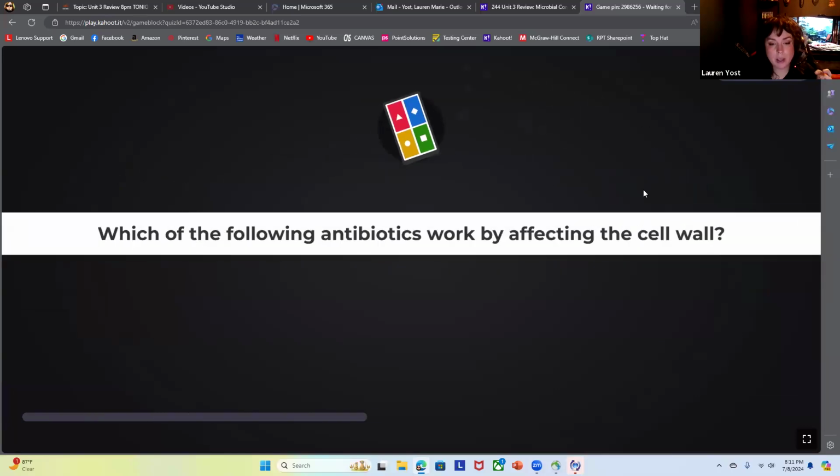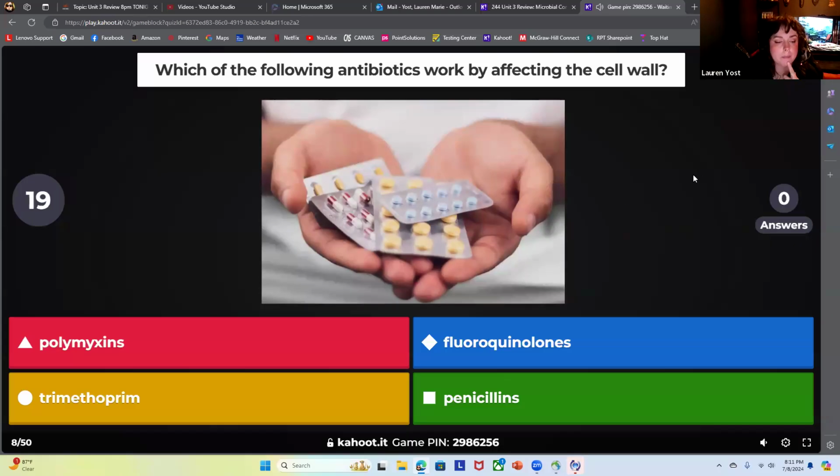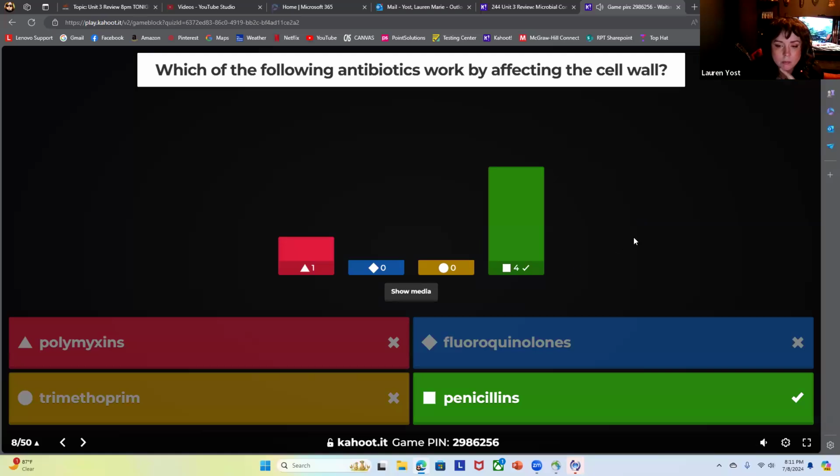All right, which of the following antibiotics work by affecting the cell wall? Now we're getting into it. All right, so penicillins, this is what the answer's going to be.